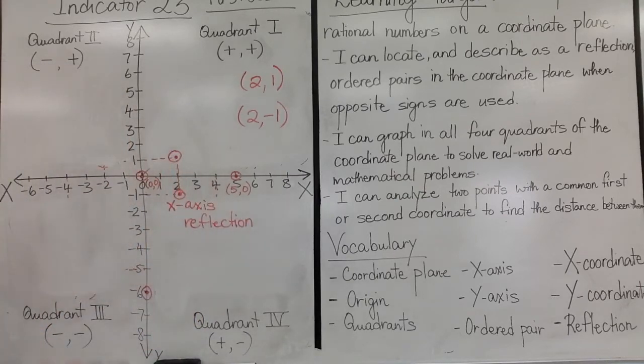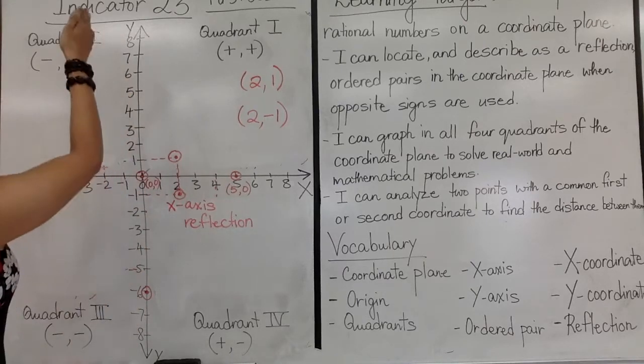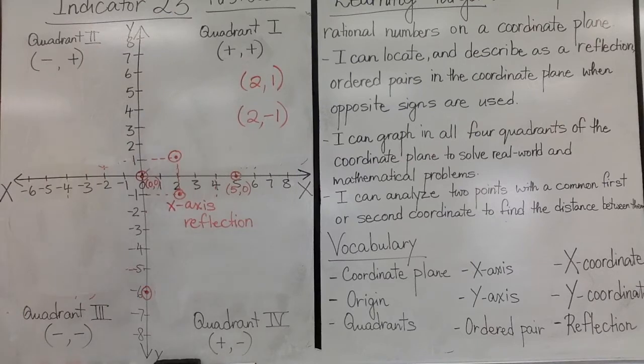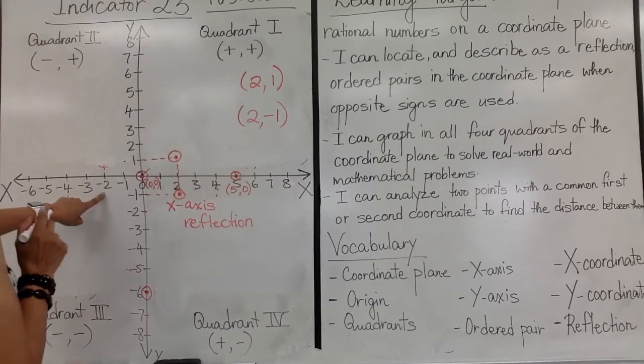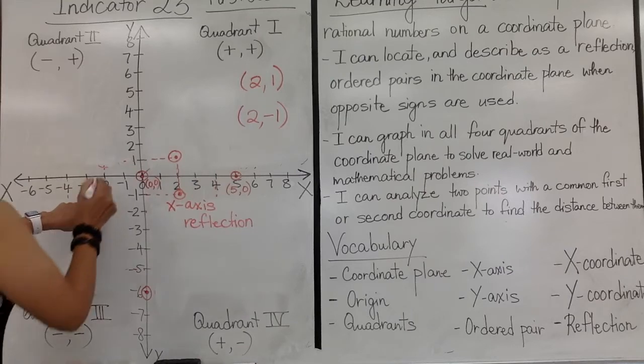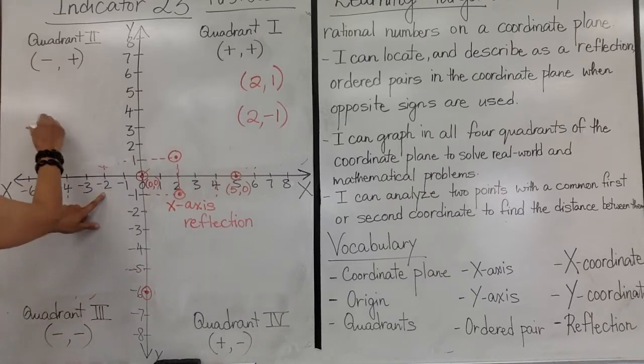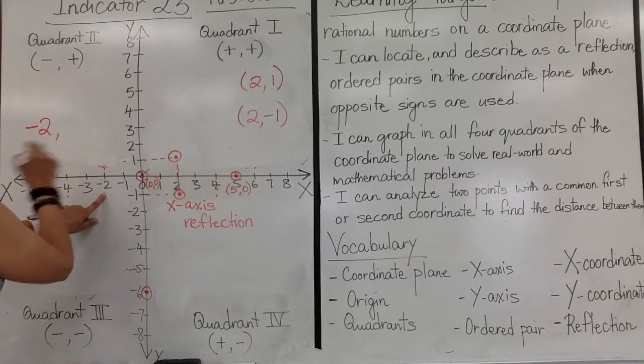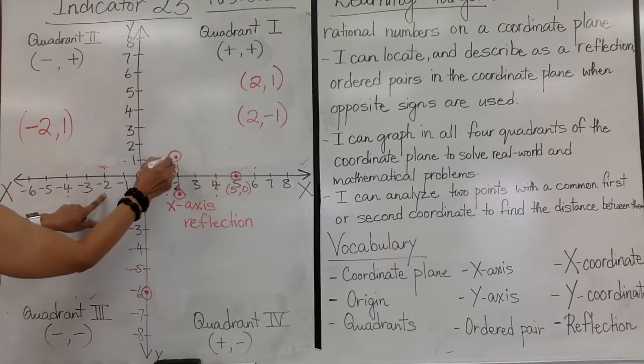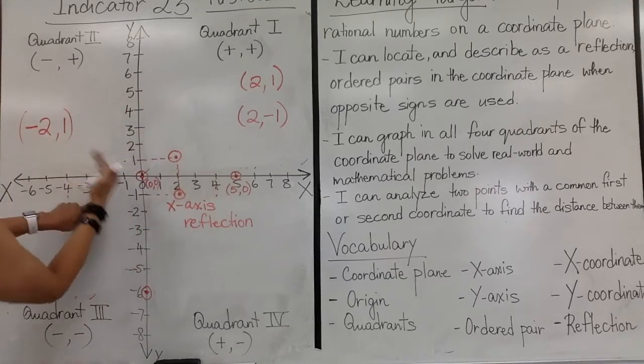Let's say I had to reflect this on the y-axis, okay? Now this is my y-axis. So if I was reflecting over here, remember what I said, it is 2, 1, okay? So if I'm reflecting on this side, my x is going to change because this becomes -2, but y will stay the same because look, I'm reflecting it on the y-axis.